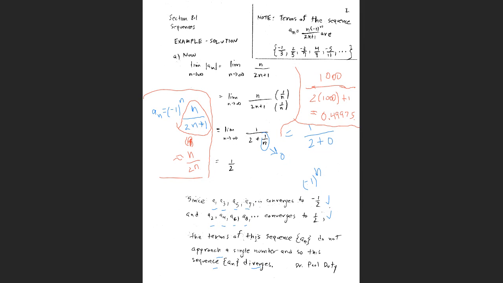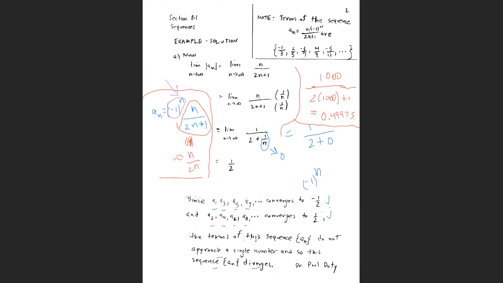So you see the one there, when n is large, okay, so I'm looking at two things here. Think of this sequence, there are two parts to it. One part, the negative 1 to the nth power, makes the terms of the sequence go minus, plus, minus, plus, and so forth.